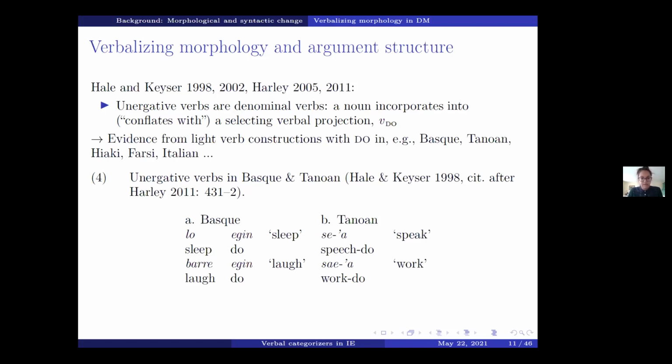And the evidence for this comes from light verb constructions, precisely with such a light verb do in Basque and Tanoan and Yaqui and many other languages. So in these languages, to sleep is basically sleep do, and to laugh is laugh do, and so on. So you do actually see the verbalizer overtly is the idea here.